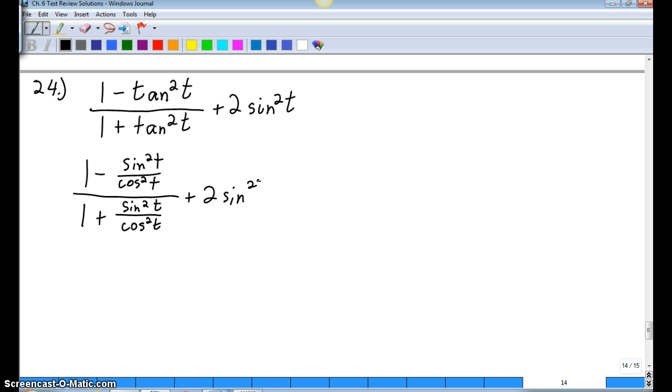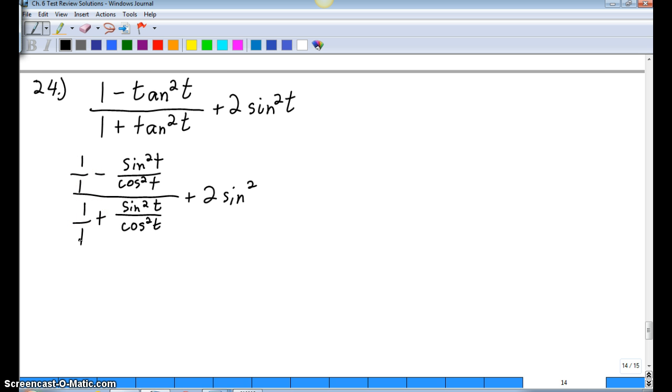Now, you have 1 minus sine squared over cosine squared. I'm looking at that as two fractions, even though 1 is really a whole number, so I'm going to turn that into a fraction and write it as 1 over 1.